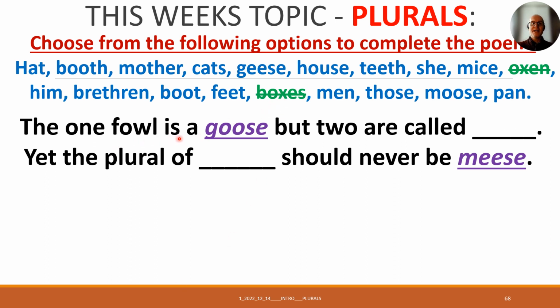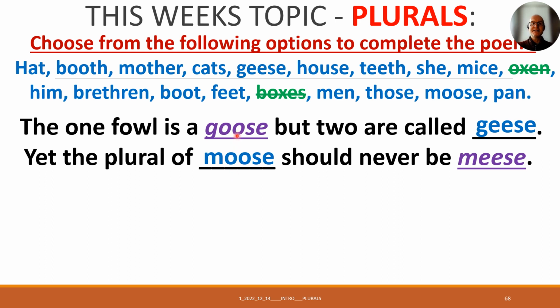Next one. The one fowl is a goose, but two are called, what's the plural for goose? It's geese. Yet the plural of blank should never be meese. So moose.